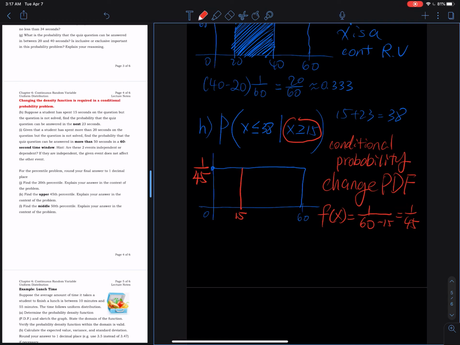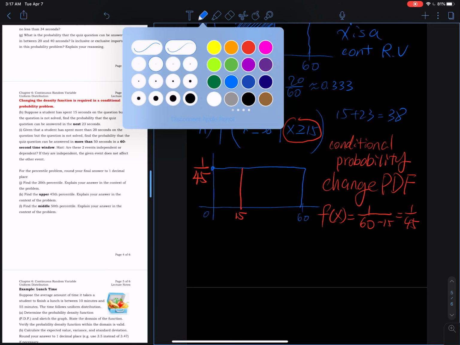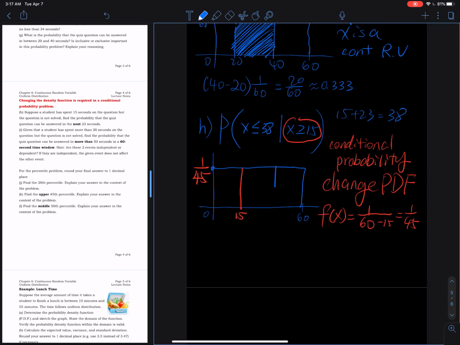I already know that x is greater than or equal to 15, so I don't care about the space between 0 and 15. That's the reason. And then you add 23 to it. Let me change back to blue. So you add 23 to it, then you stop at 38. So this is the area that we are looking for.